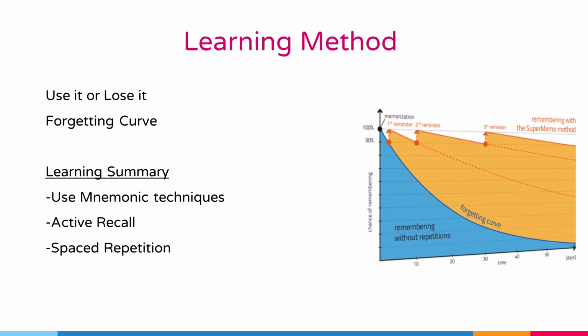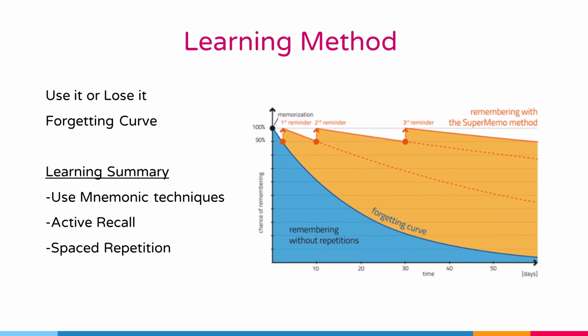This curve shows how information is lost over time when there is no attempt to retain it. A typical graph of the forgetting curve purports to show that humans tend to halve their memory of newly learned knowledge in a matter of days or weeks unless they consciously review the learned material.